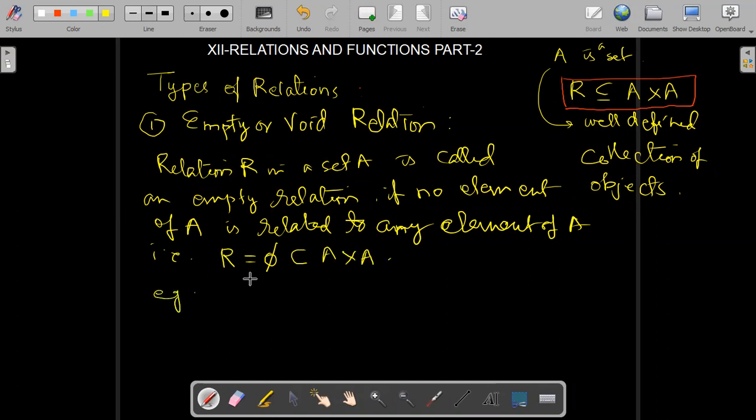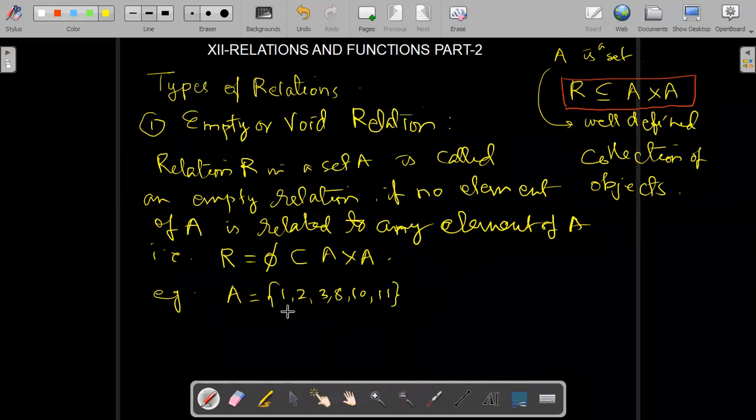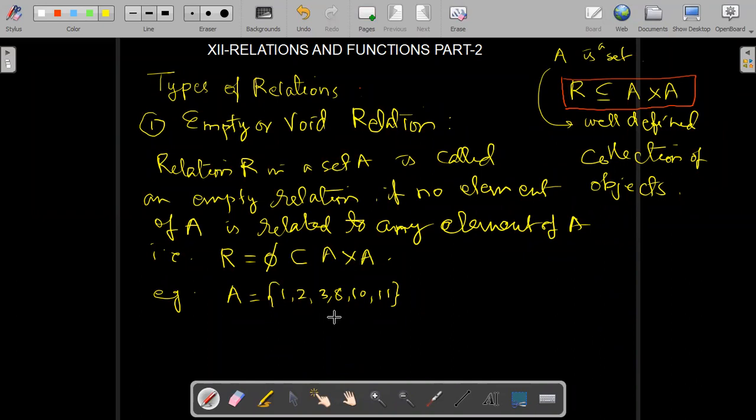For example, if we take A as the set of numbers 1, 2, 3, 8, 10, and 11, then A cross A must be (1,1), (1,2), (1,3), (1,8), (1,10), (1,11), (2,2), (2,3), (2,8), like that.